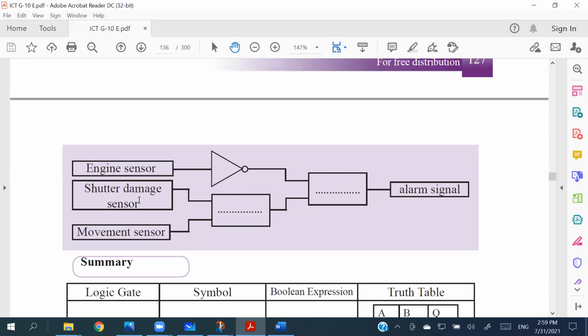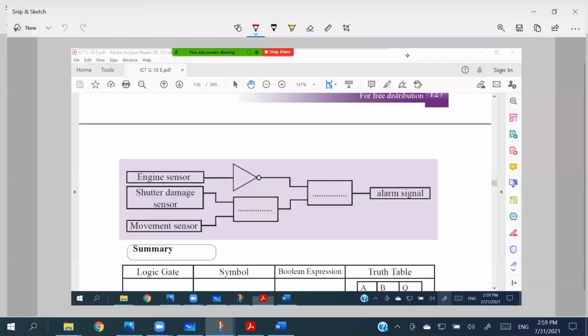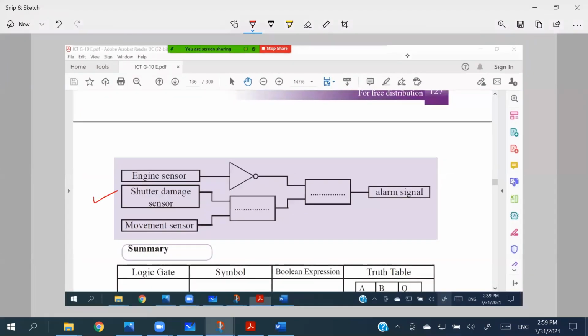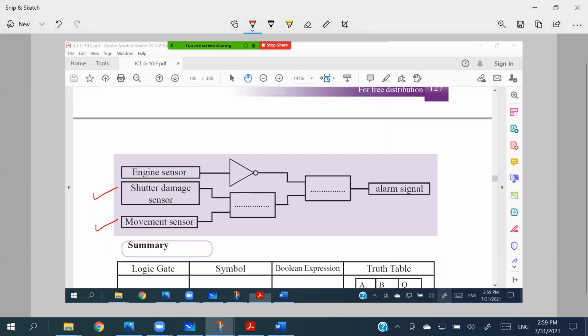Now people, tell me, do we want both these sensors to be activated to have the alarm? Do I need both the sensors, shutter damage sensor and movement sensor, to be activated to have the alarm? No. Like either of them is sufficient, right?